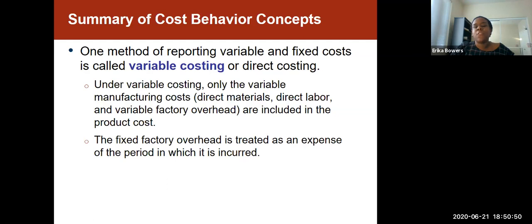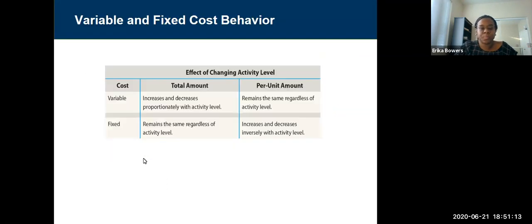And then the fixed factory overhead is going to be treated as an expense for the period it's incurred. We do this just to look at our cost behavior. Now, when we actually report based upon GAAP, we don't use this method. This is really just an internal method for managers to look at their costs.